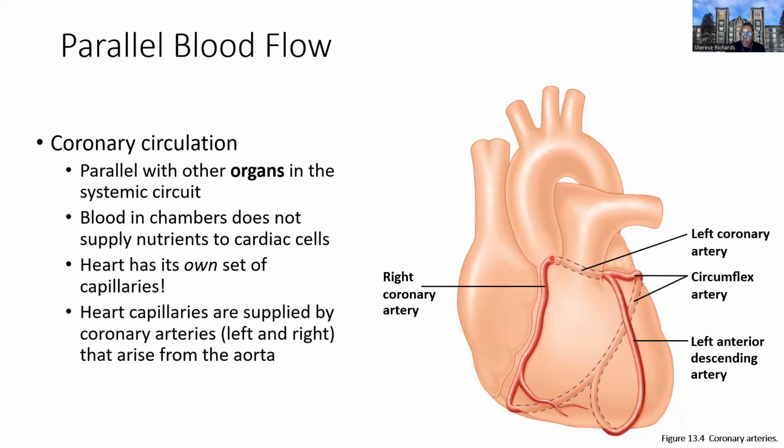So there are two coronary arteries, the left coronary artery, the right coronary artery, and several different coronary branches that are actually running on the outside of the heart within the fat that's found on the heart itself and are helping to supply the heart chambers and muscles, etc. So the heart has its own supply. It does not take oxygen from the blood within its chambers. It actually has vessels that are on the outside of the heart that will supply its nutrients and oxygen.